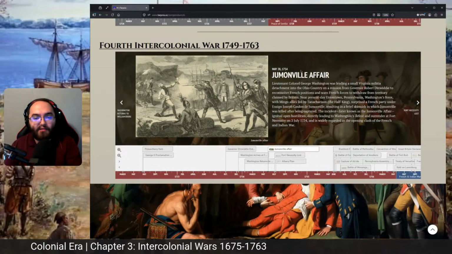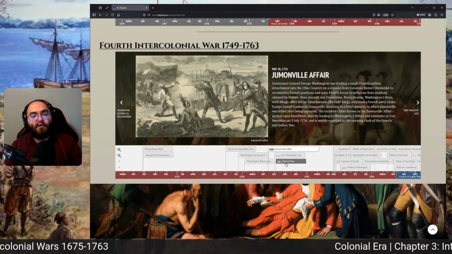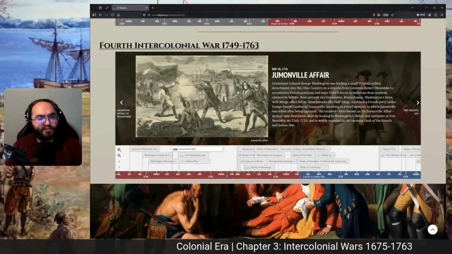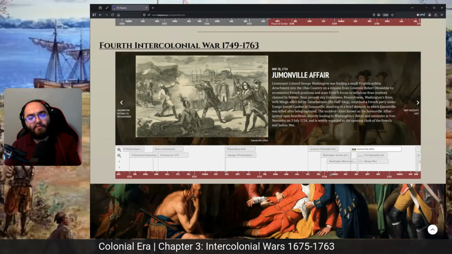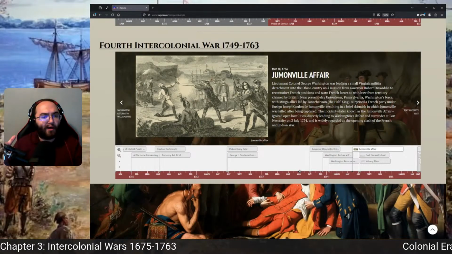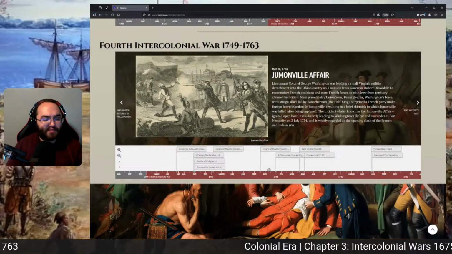on May 28th, 1754. A lot of people think that this is the start of the French and Indian War, that George Washington started the French and Indian War. You have to keep in mind, the Second Acadian War is still going on. It started years prior, all the way back in 1749.